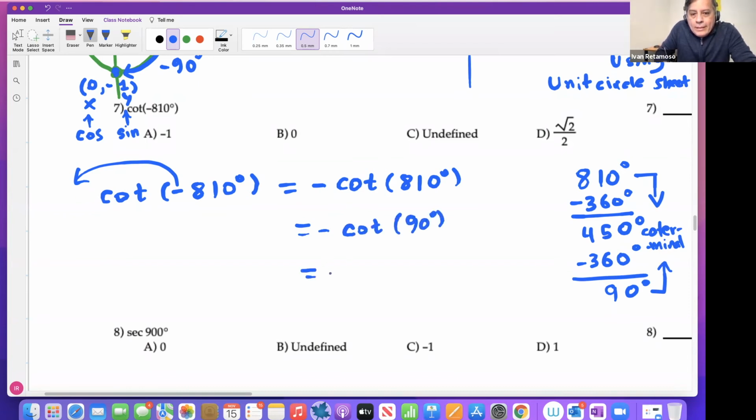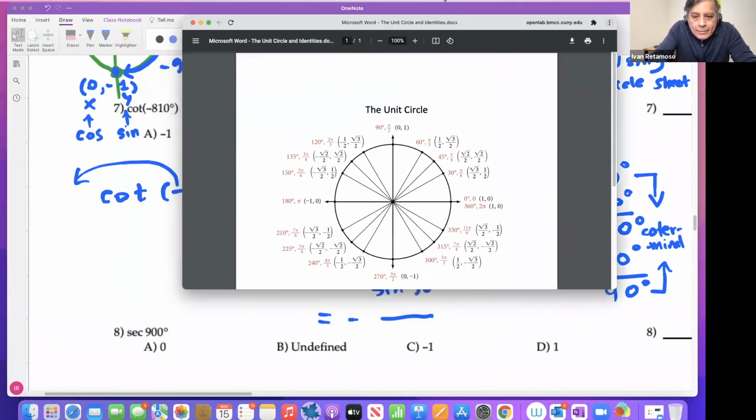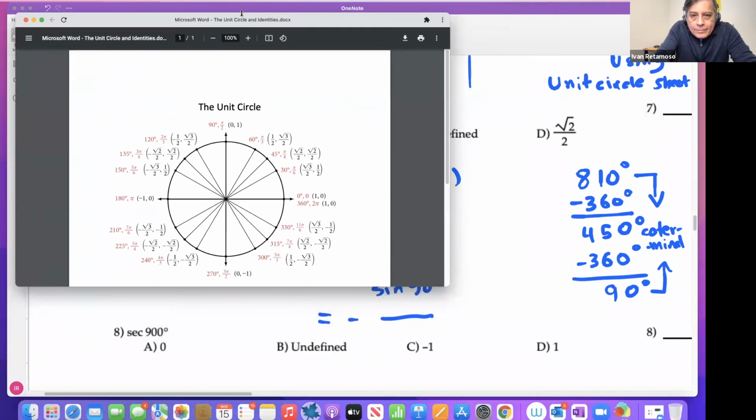But cotangent of 90 degrees can be found as cosine of 90 degrees over sine of 90 degrees, following the quotient identity. But what is cosine of 90 degrees? What is sine of 90 degrees? You go to your unit circle sheet, and there you will see that sine of 90 degrees is the second coordinate, 1, and cosine of 90 degrees is 0.